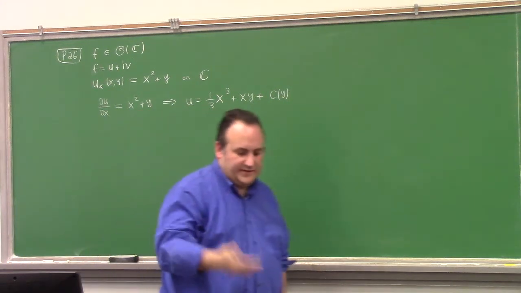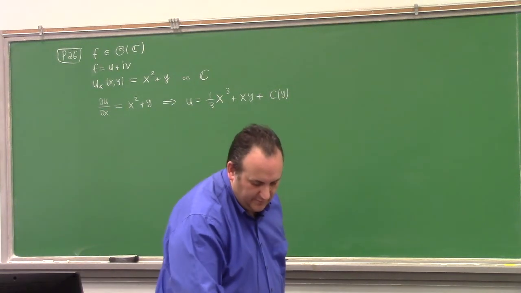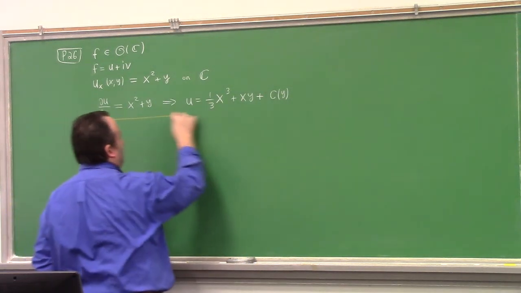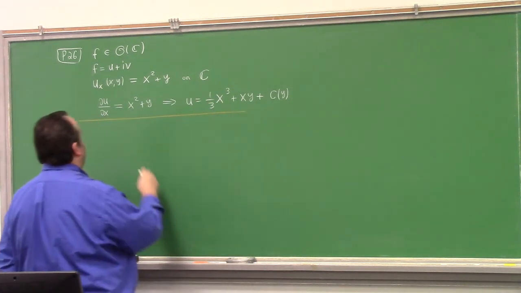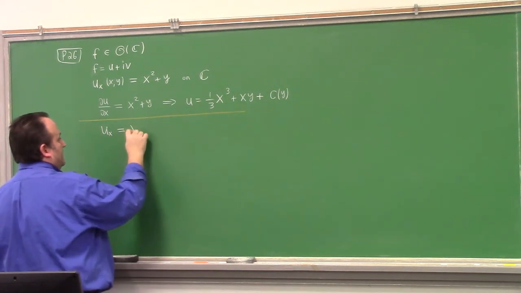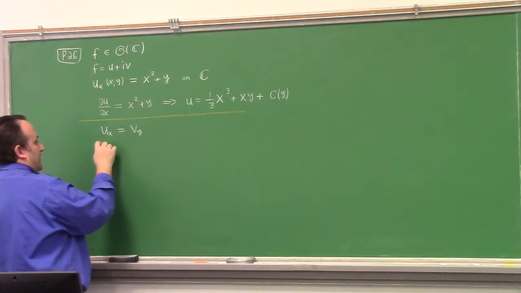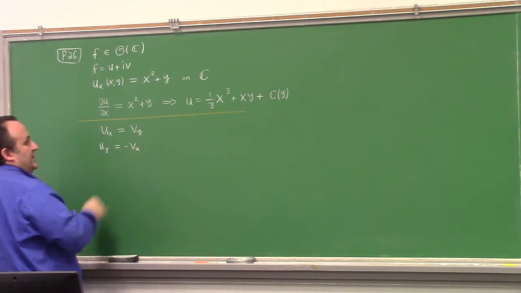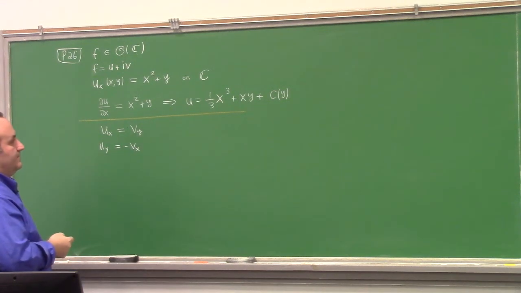Okay, so what do we have to satisfy? The CR equations, right? So we need ux equal to vy, and we also need uy equal to minus vx. I don't know if that's going to help us or not here.